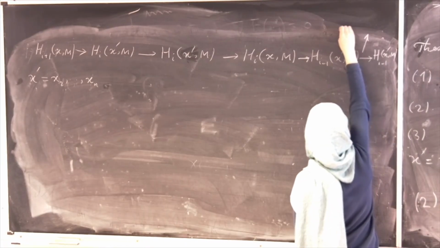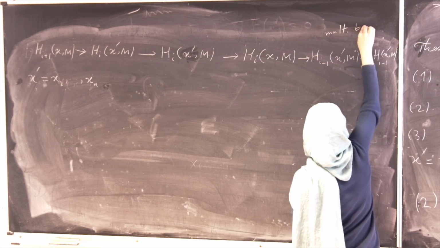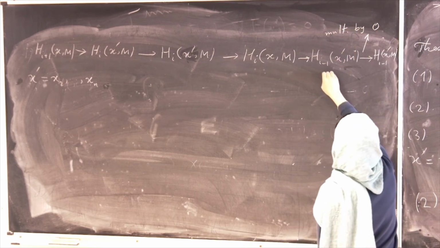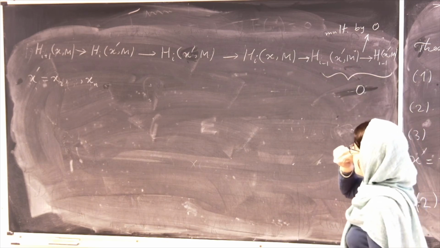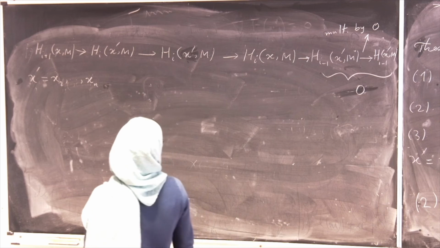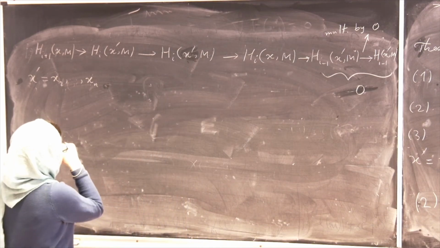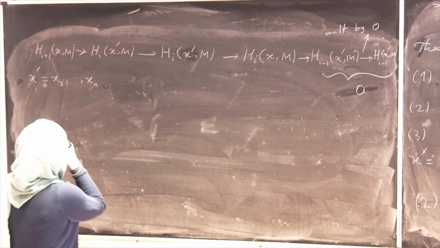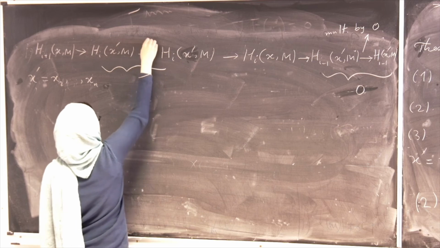So these maps are just multiplication by 0, which means that these maps for all i are 0 maps. Also this map is of the same kind, multiplication by 0.